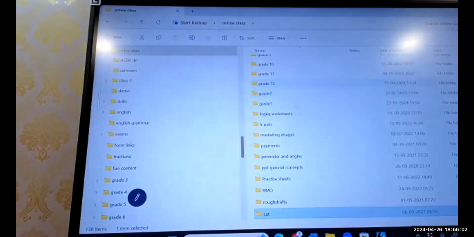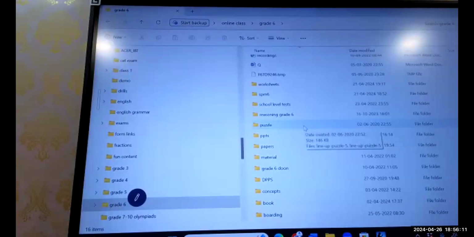Sir, in American schools, algebraic expressions are taught in 7th, 8th, 9th. Why are we doing them in 6th? Because we are not in America. India. In Indian schools, in British school, IB school, they only teach basics of algebra, very very basics, in fifth grade and sixth grade, like 1 plus 1, 2 plus 2, 2 minus 1.